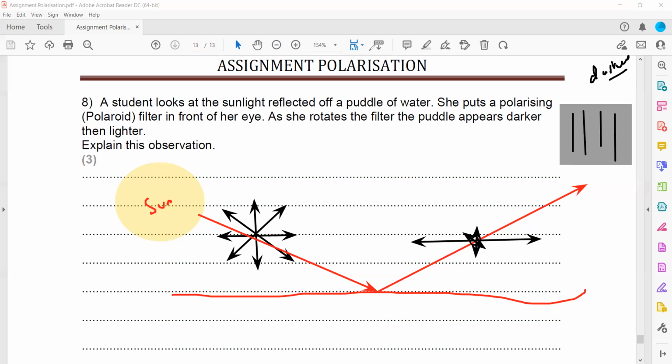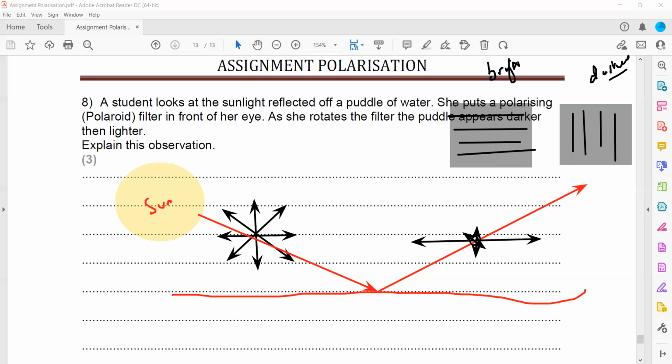But when the plane of the polarizing filter is parallel, as she rotates, then the light is able to pass through, so she will observe light.